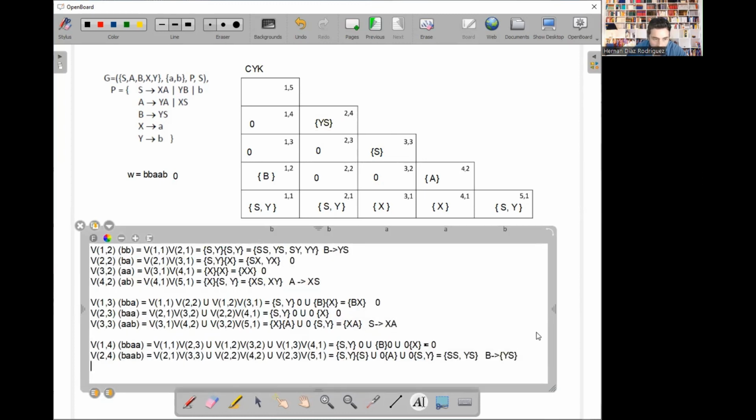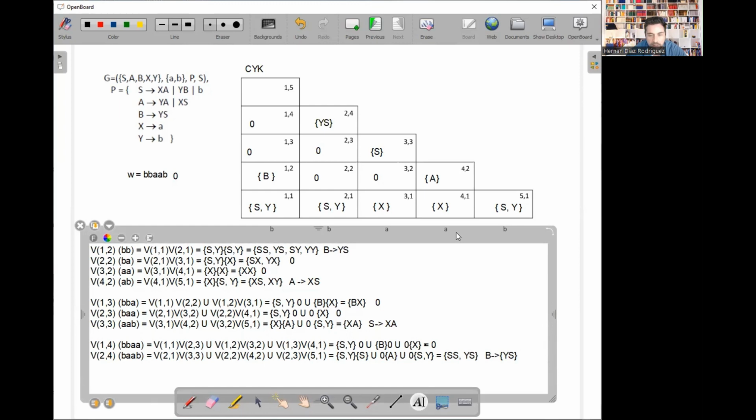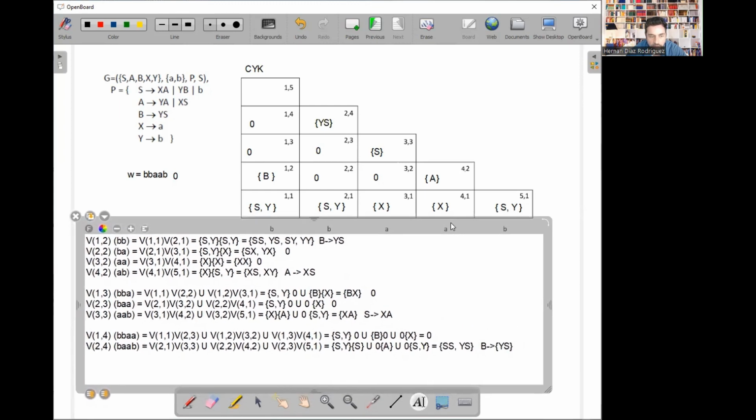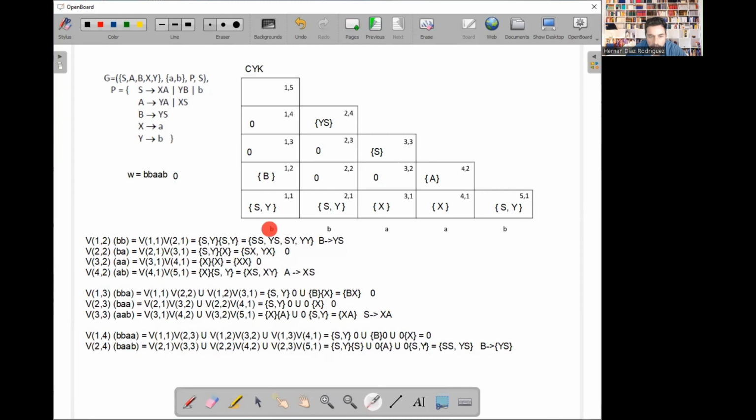And finally, we reach the top of the table. This is like the most complex one because we need to find all the combinations to generate this word. So we could take the first character and with another variable, these 4 characters. We could take the first 2 and then 3.